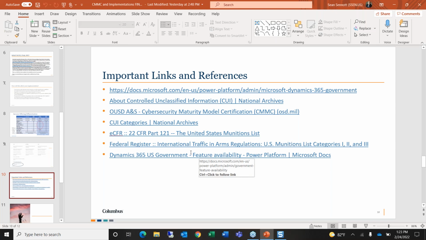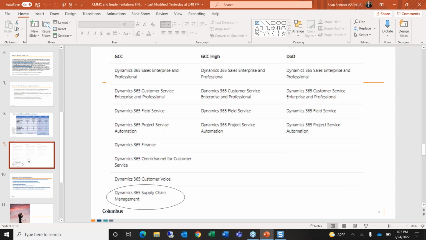We talked about the International Traffic in Arms Regulations, those ITAR regulations, so there is the link to that list. And then the Power Platform feature availability from Microsoft Docs, that's where this particularly came from.